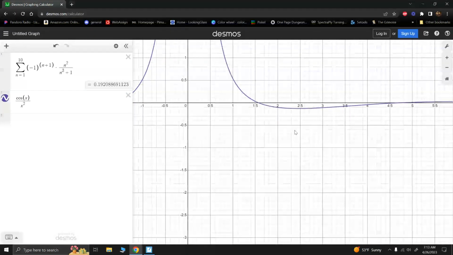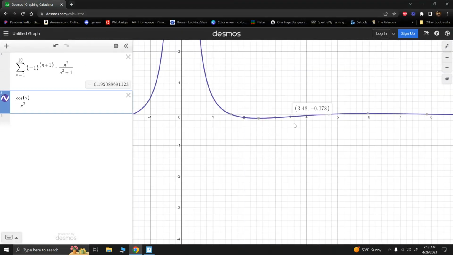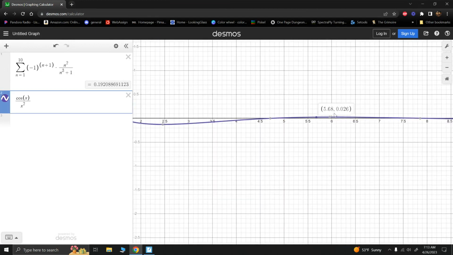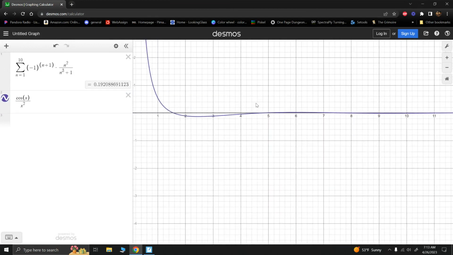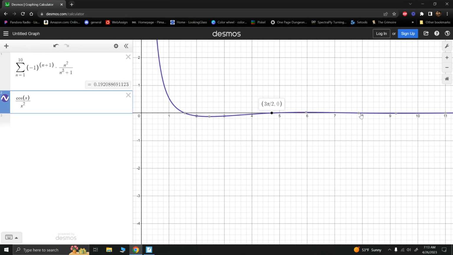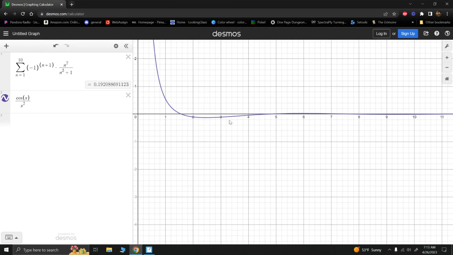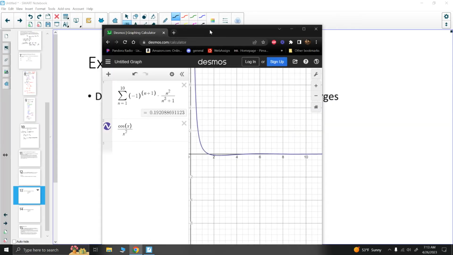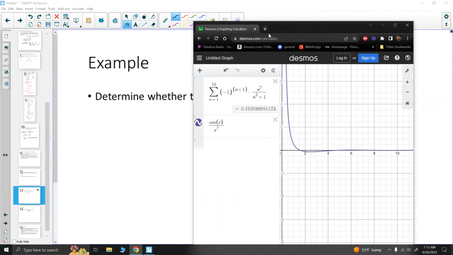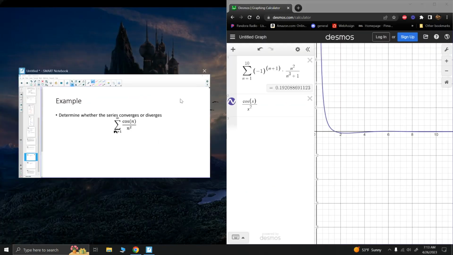If you notice, some of the time it's positive, some of the time it's negative, and so on and so forth. It's not always positive, it's not always negative. So we can't use the alternating series test because the sign isn't changing every time.